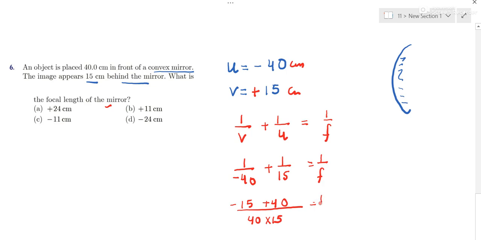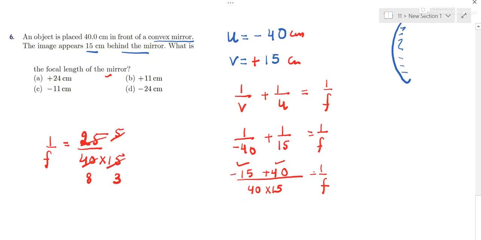So 1 by F is minus 15 plus 40, which is 25, upon 40 into 15. So 5 5s are 25, 5 3s are 15, 5 8s are 40. So 1 by F is equal to 1 by 24.